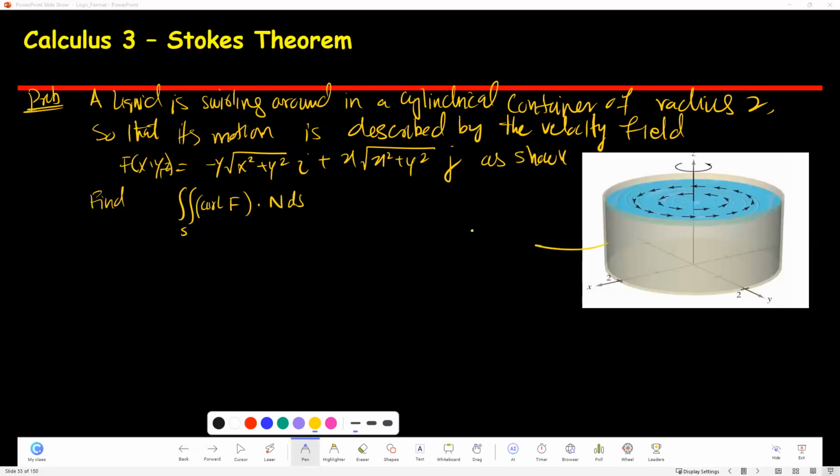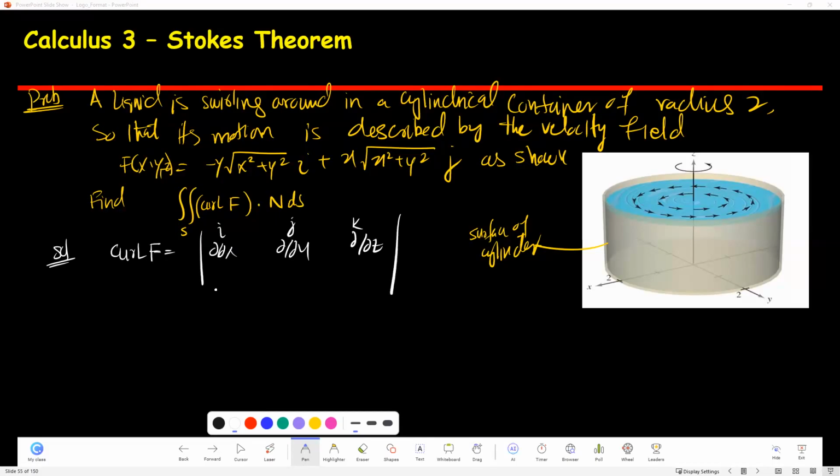Okay, this S is a cylinder surface. So what I'm going to do is just make it simple. If I use this curl technique, I'm going to find i, j, k, all my gradient vector, and then substitute the components.